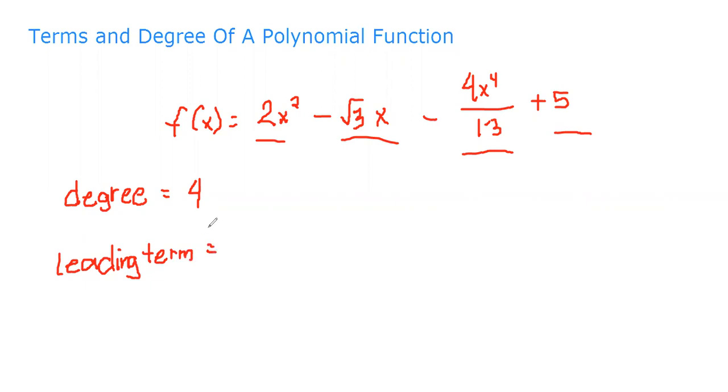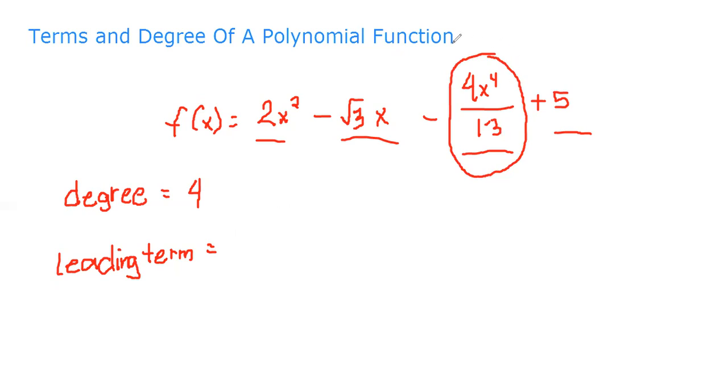Kasi kapag in-arrange natin yan, kailangan na nasa pinakaunahan, on the first term must be the highest exponent. And of the 4 terms na meron tayo sa function na ito, si 4x to the 4th ang highest exponent. So, the leading term natin, kung sino yung may highest exponent, siya rin yung leading term natin.